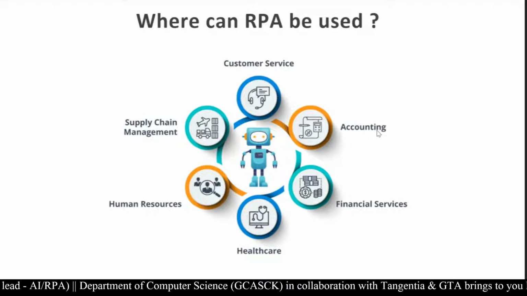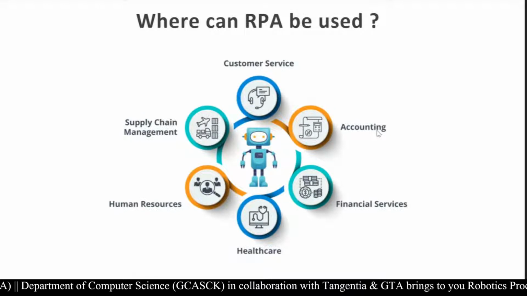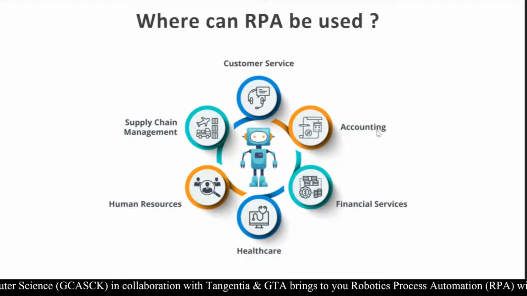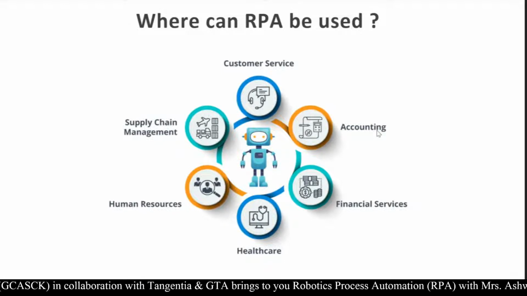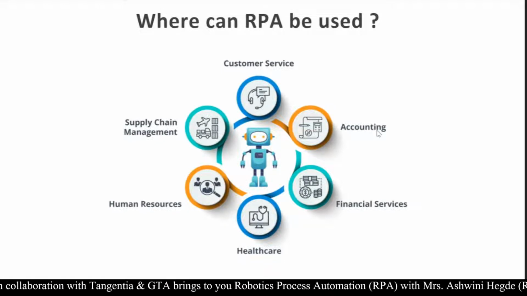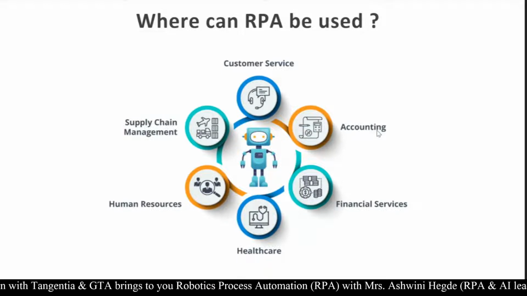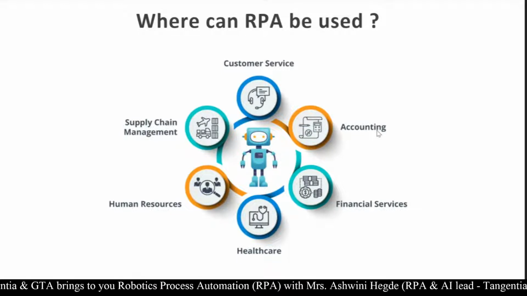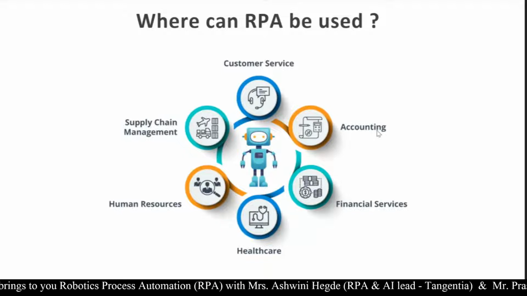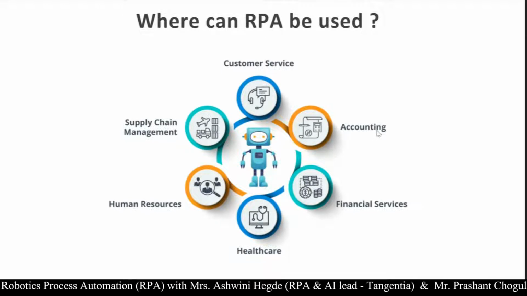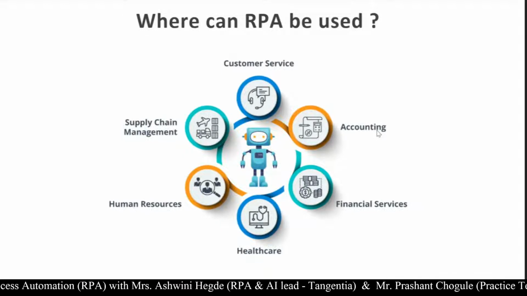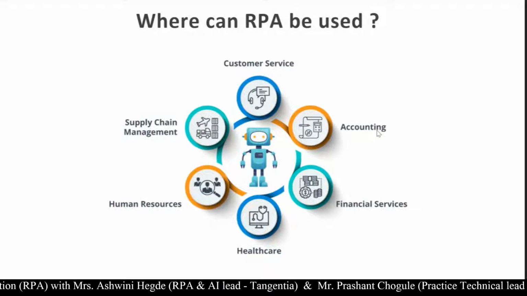RPA cannot be used where, I mean, it can be used again, but it will not give you benefit if you do not have any of these. Let me tell you one example. Let's say if a travel agent has to book only 10 tickets in a day and he has 5 people to do that, then probably you don't need RPA.